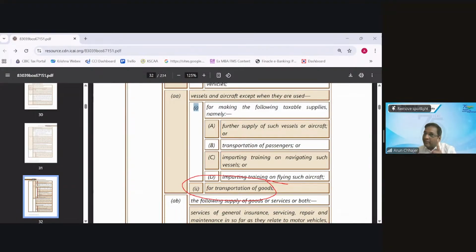Then can you take the ITC? The answer is yes, I can take the ITC, even if I am using the vehicle for further taxable supplies like rental or GTA service, or for my own transportation of goods. In both cases, ITC would be allowed. Is it clear why they have not clubbed it in the above and why they have made it separate? Is it clear?